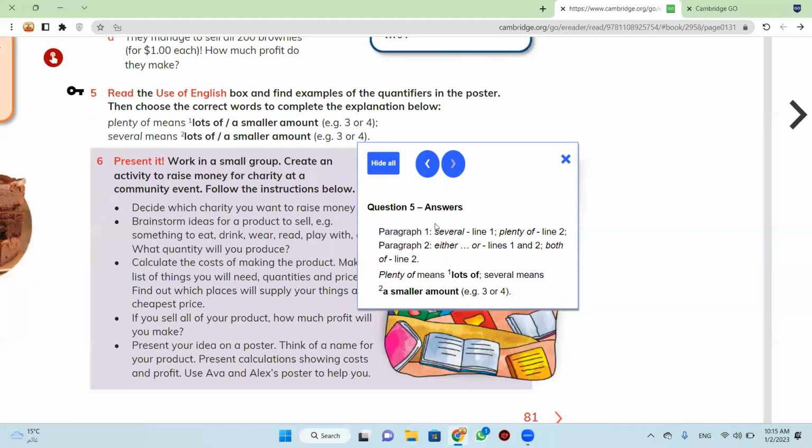Now, one, several is lots of, line 1. Plenty of, line 2.